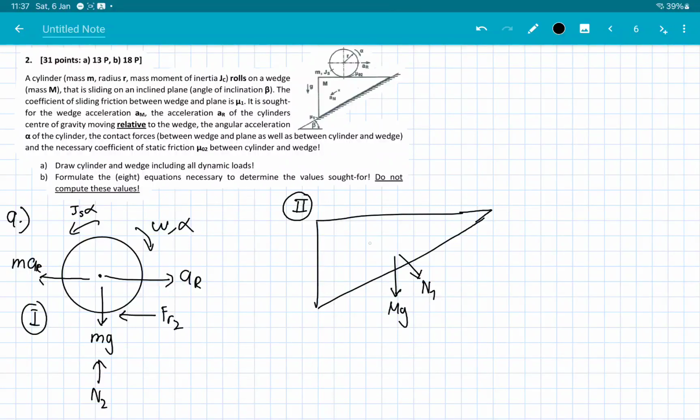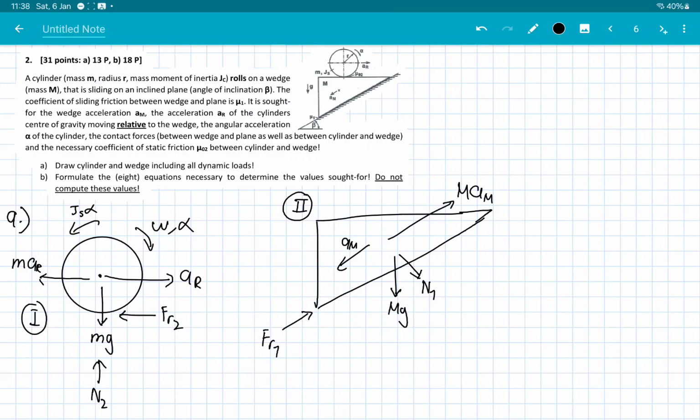Because it is sliding down in this direction, it also has an inertia force of capital M aM. Another thing to remember is that because it's sliding from the right to the left, we have a reactional frictional force in the opposite direction, which I'm going to call FR1.